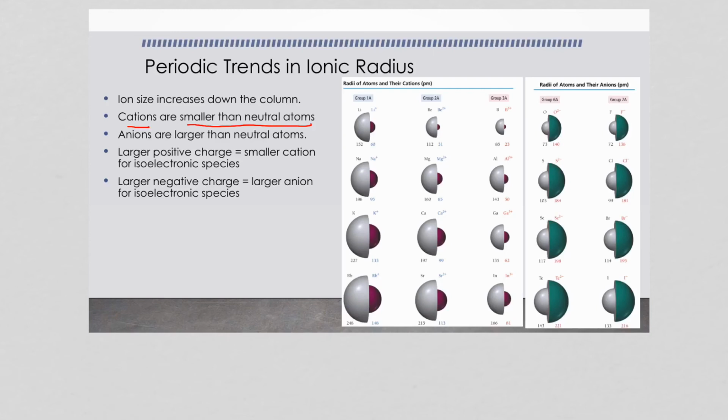So the bigger the positive charge, the smaller the cation is going to be. As you go down, the ions get bigger. So sodium +1 is bigger than lithium, potassium is bigger, and, not surprisingly, as the atoms get bigger, the ions are also going to be bigger as you go down. Okay. So ions increase down the column. Larger positive charge equals smaller cation, right?